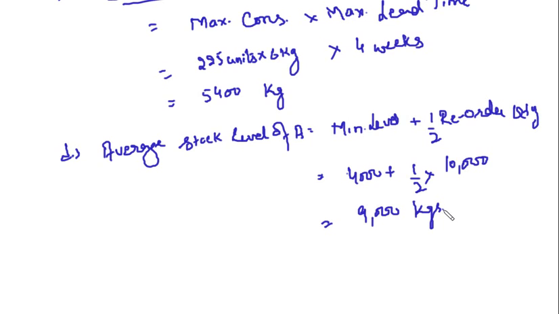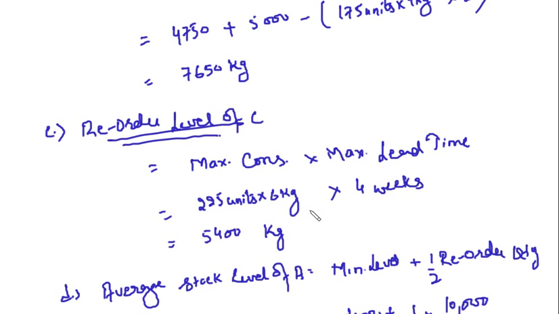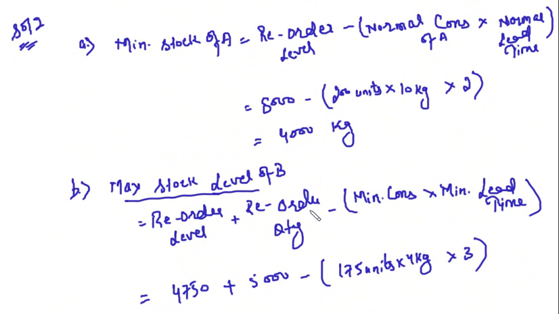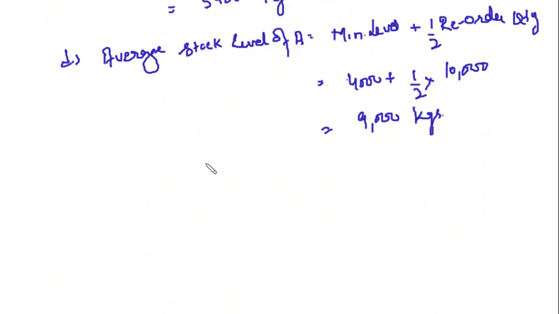So this is how you are going to calculate the average stock level of A, that is minimum level plus half of reorder quantity. Minimum level is 4000 and reorder quantity is 10,000. Clear? So this is how you will calculate the various stock levels. Right?